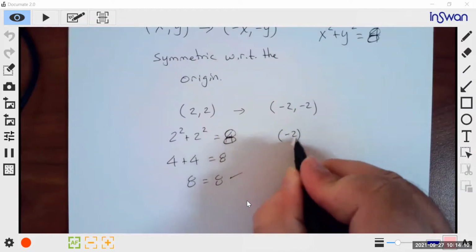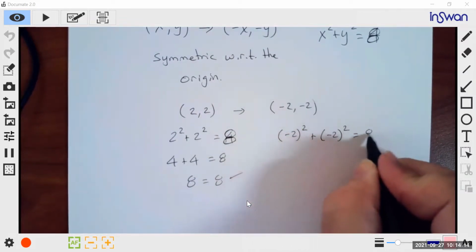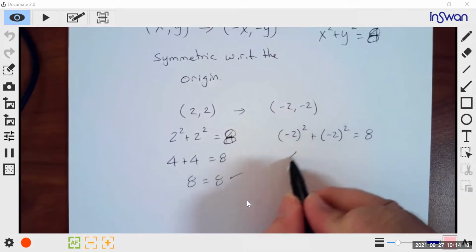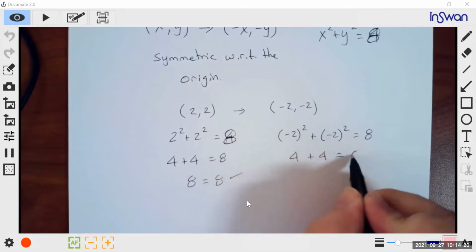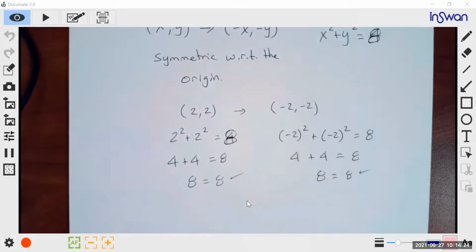And likewise, -2 squared plus -2 squared equals 8. So it's again going to be 4 plus 4, 8 equals 8. So what that means is I got an equal point on the other side of the origin.